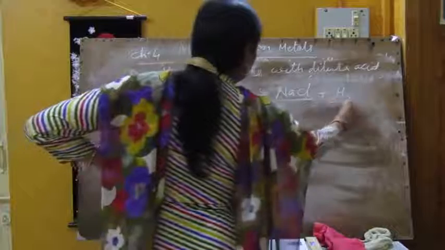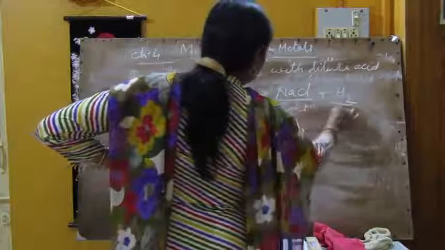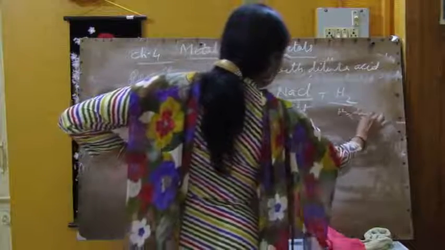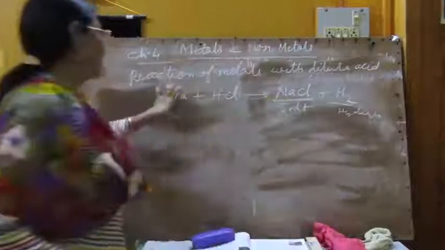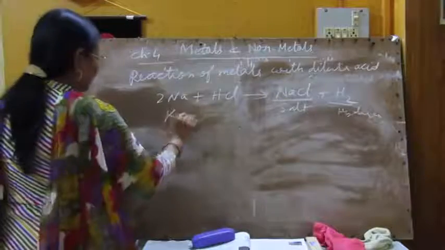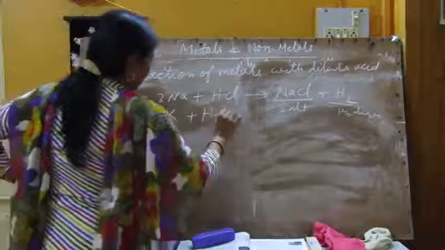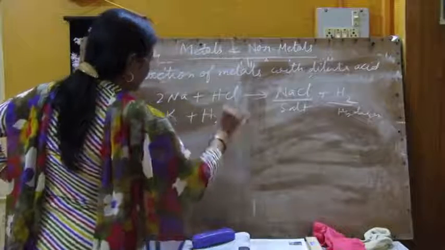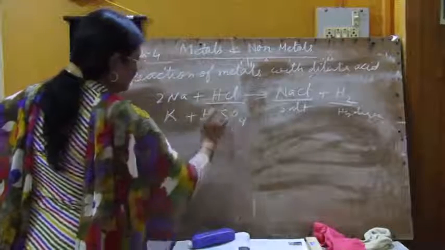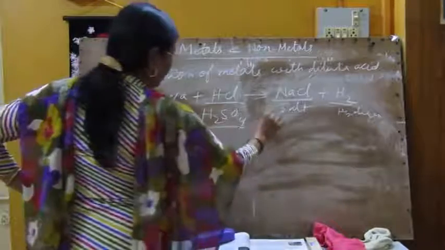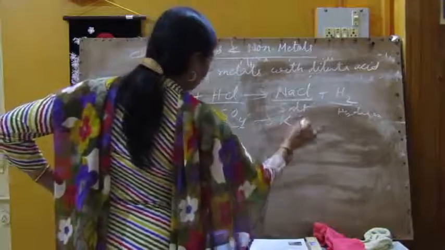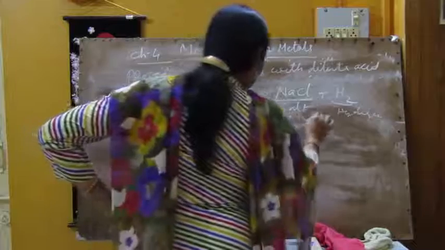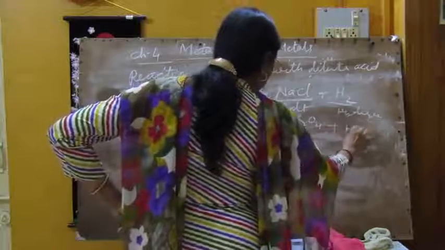This is the salt and this is hydrogen. Similarly, potassium plus H2SO4, sulfuric acid, produces potassium sulfate, K2SO4, plus hydrogen.